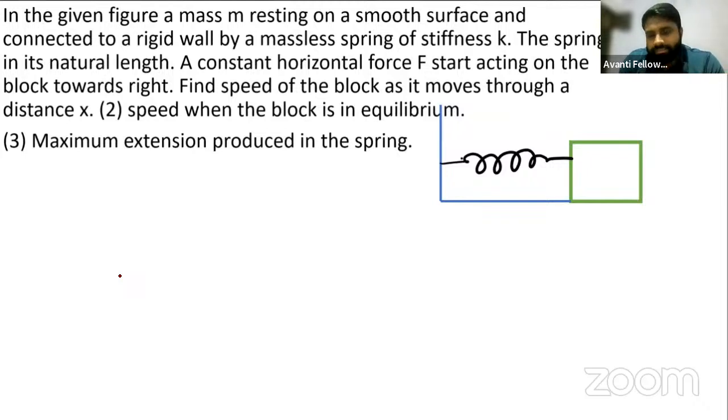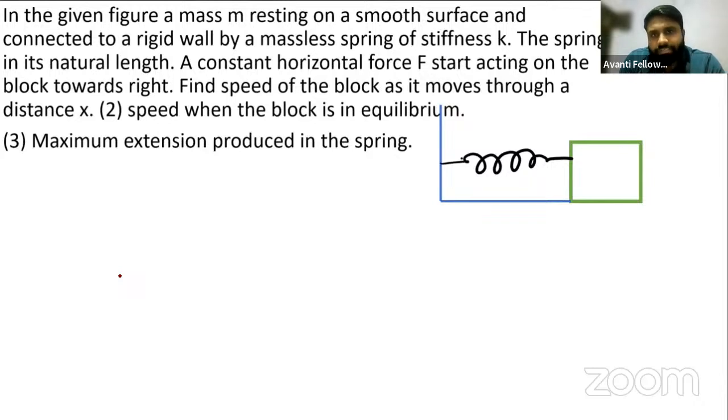In this question, a spring mass system is given. In this figure, a mass m is resting on a smooth surface and connected to a rigid wall by a massless spring of stiffness k. The spring is in its natural length, and a constant horizontal force F starts acting on the block towards the right.